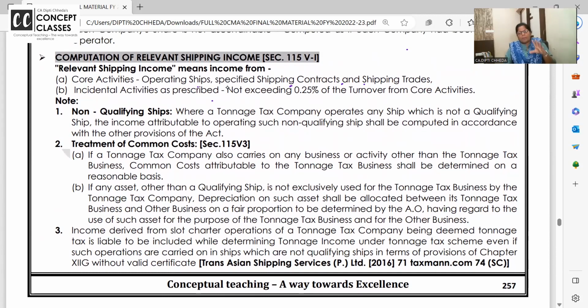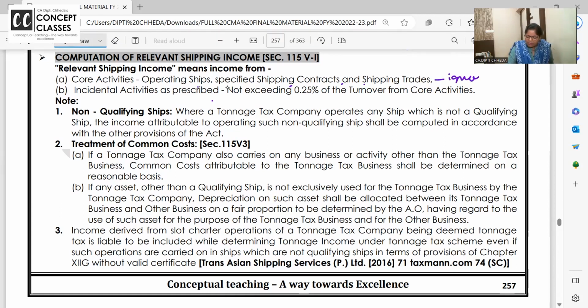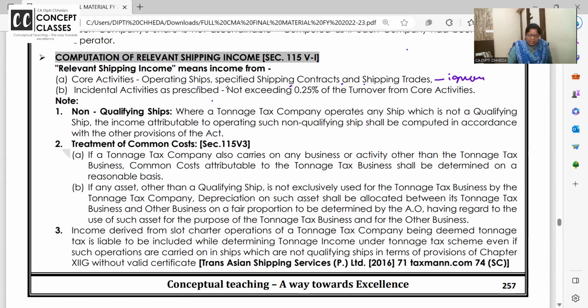देखो, आपका शिप का इनकम तो you are taking presumptive 70 for 100 tons, then 53, then 42 and then 29. Okay. But इसको छोड़ के if they give you the book profit or the core activities and all, then ignore. Ignore because you are already computing.